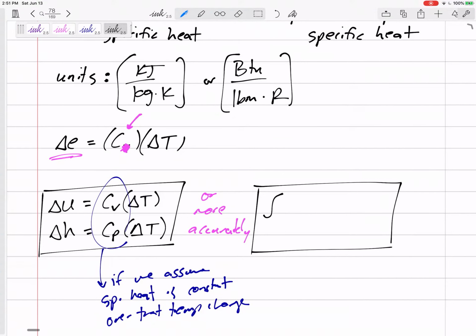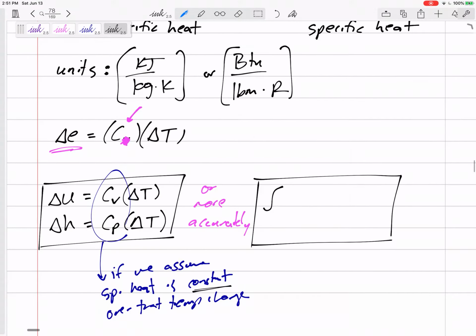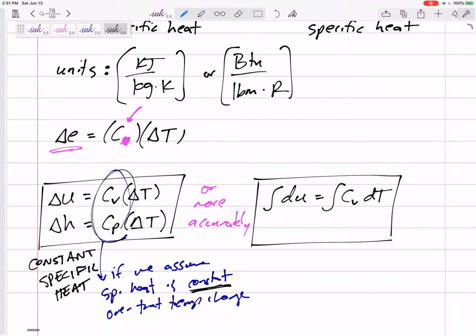But more accurately, CV and CP are not constants. So this right here is assuming constant specific heats. But more accurately, it's really that du is the integral of CV dt, and the integral of dh equals the integral of Cp dt.